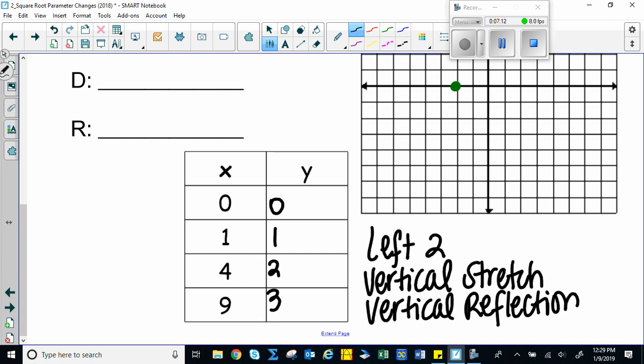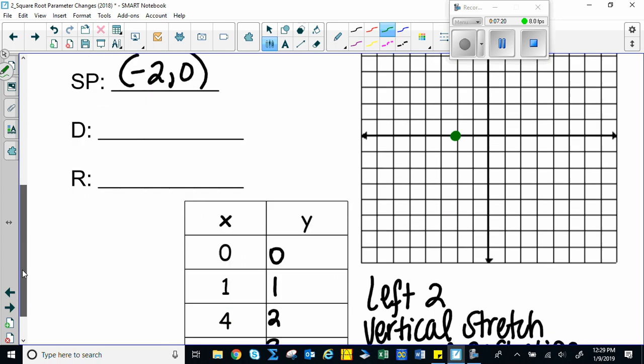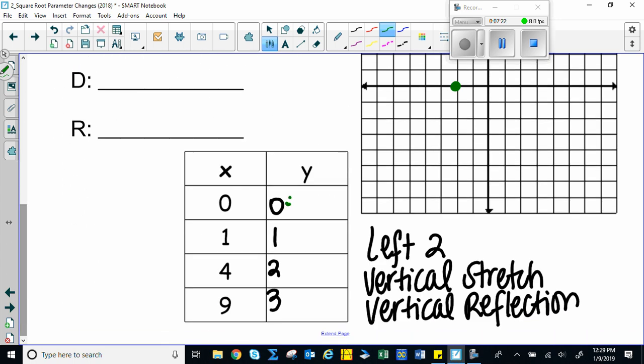And I'm going to multiply all of these y values by this -3. Okay, all of these y values times -3. All right, so this is still 0, this is -3, this is -6, this is -9. These are not points on the graph, this is my counting scheme.